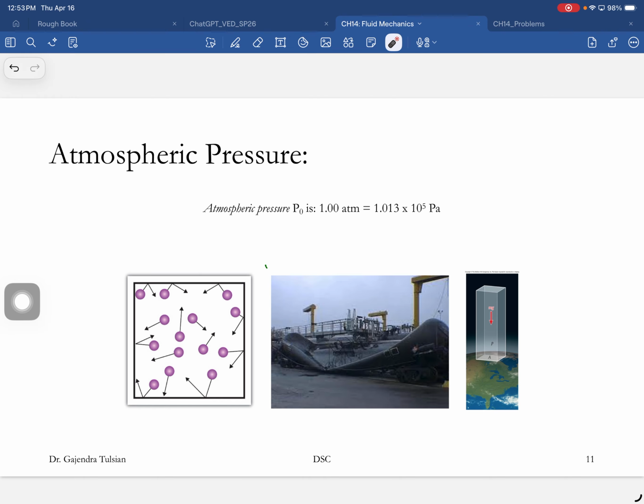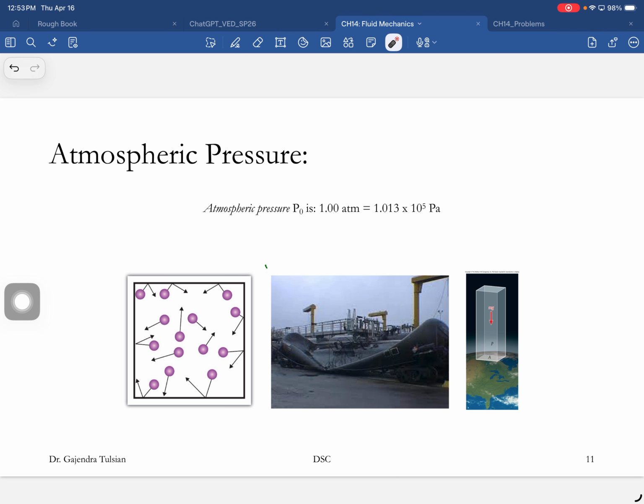So here's an illustration of that 15 pounds per square inch. Remember, this is 1,500 pounds. On your chest, the chest area is maybe about 500 square inches.